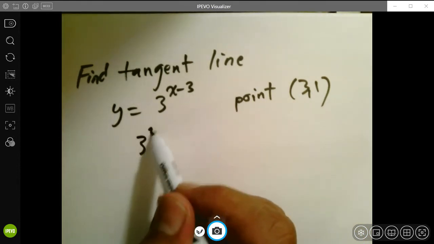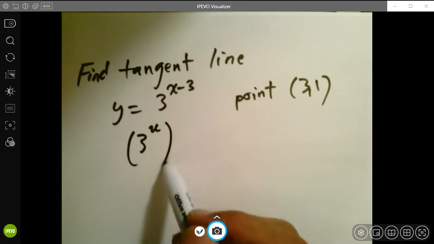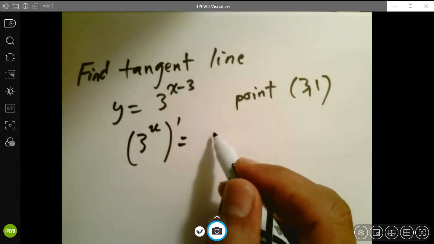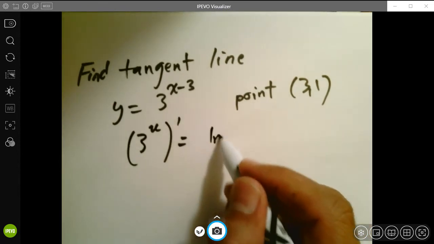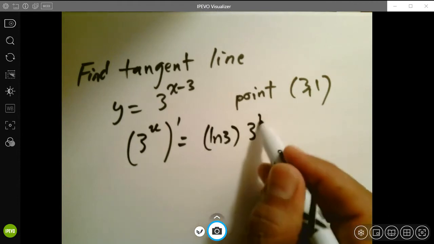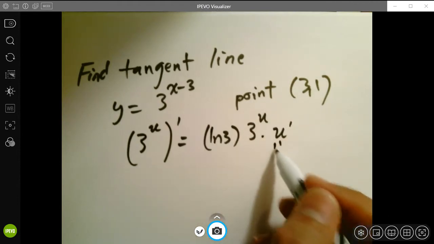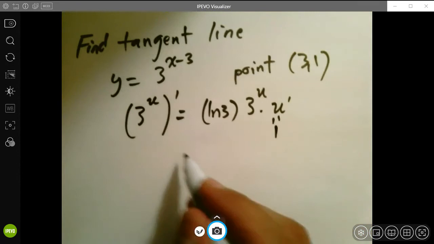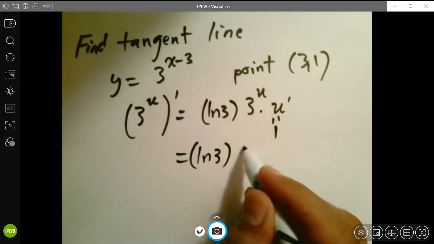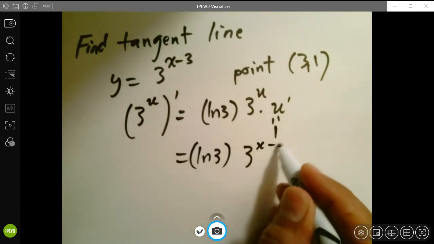So this is 3 to the power u. Remember, the derivative is ln of 3 times 3 to the power u times u prime. But u prime is just 1. Then it will be just ln of 3 times 3 to the x minus 3.